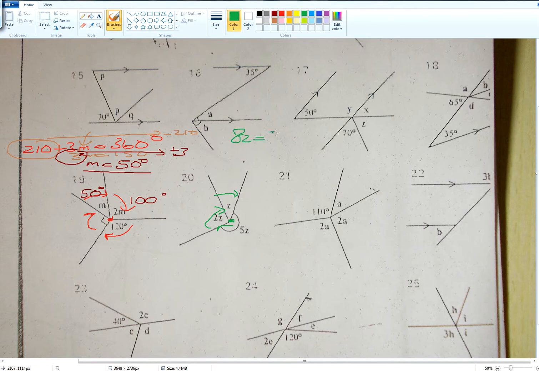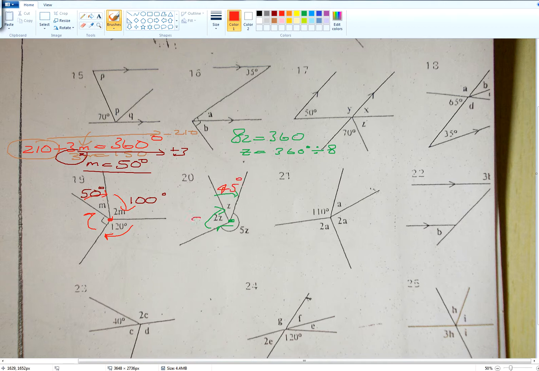So 8Z is equal to 360. The opposite of times by 8 is divide by 8. That's like halving three times. 360 halved gives you 180, halved again gives you 90, halved again gives you 45. So Z is equal to 45.